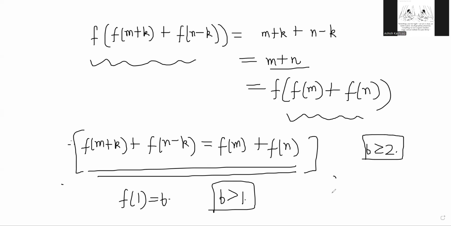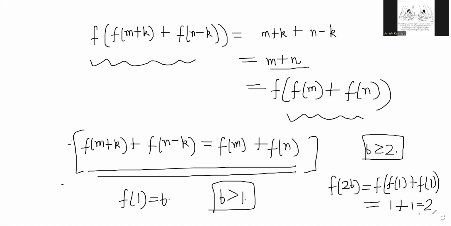And you will get f of 2b is equal to f of b plus b. And what was that? f of 1 plus f of 1. And that was 1 plus 1. That was 2. So f of 2b was coming as 2. f of b plus 2 was coming as 1 plus 2b.